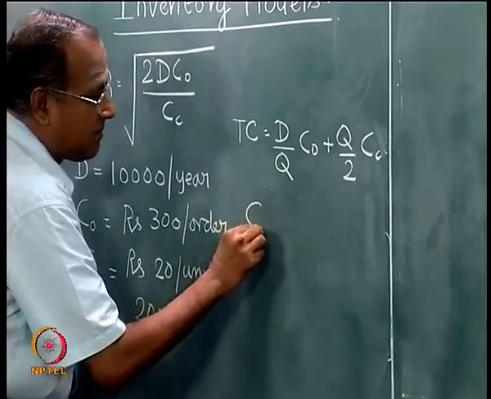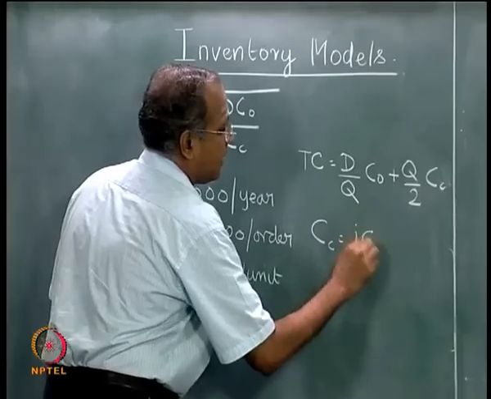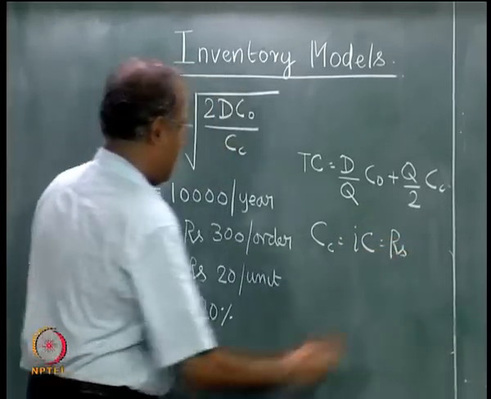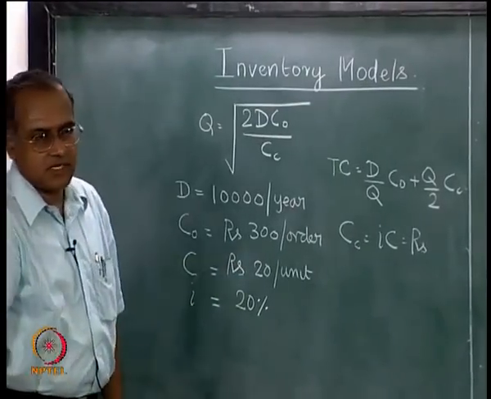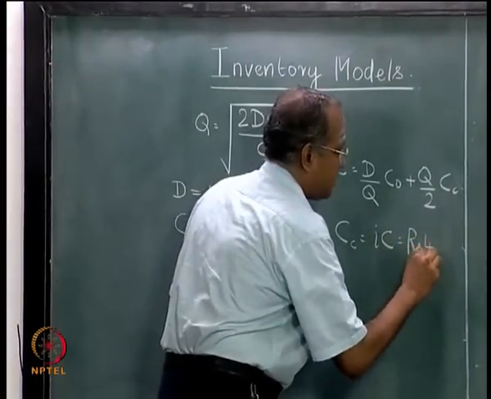So, Cc will now be defined as I into C, 20% of rupees 20, which is rupees 4 per unit per year.